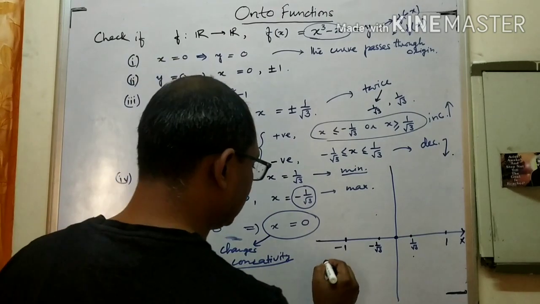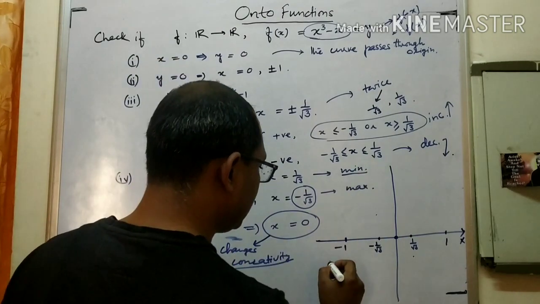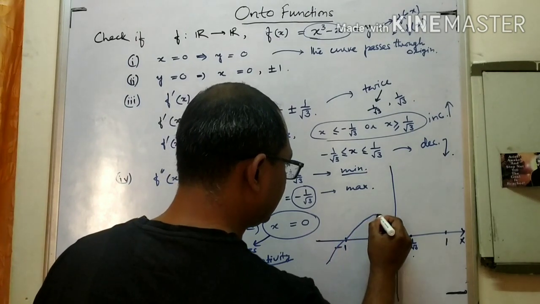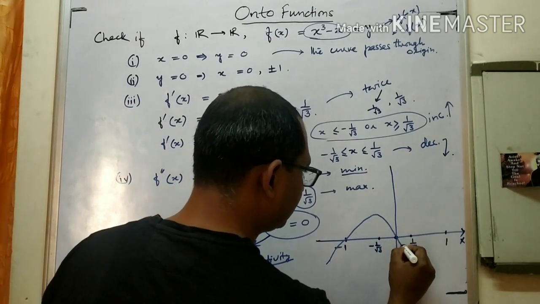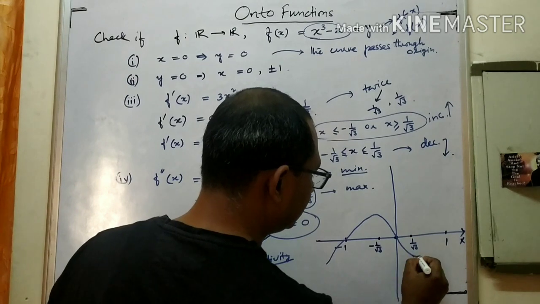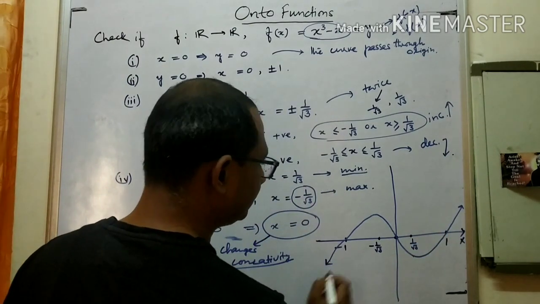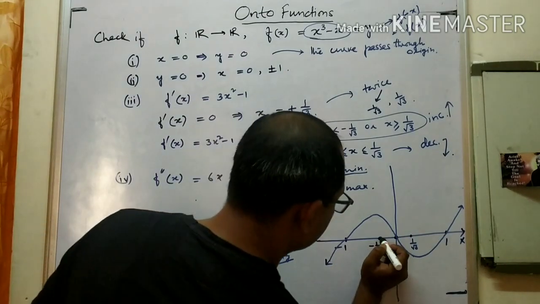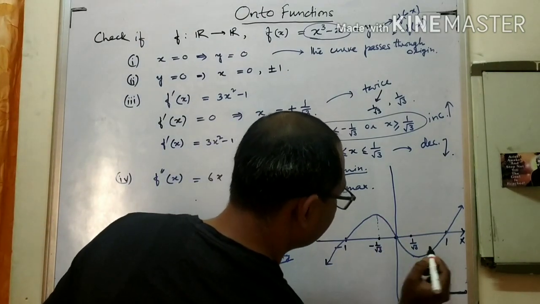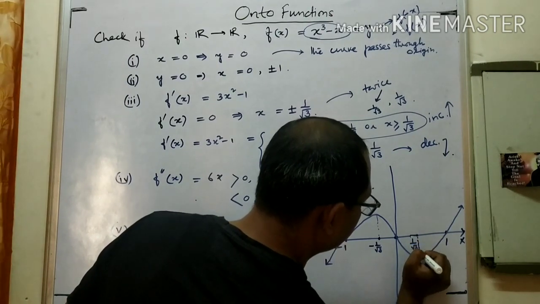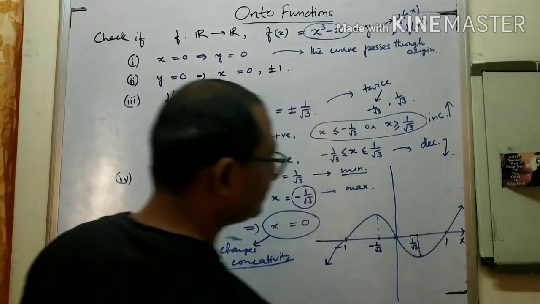So we'll combine all these facts to get the graph, like this. At minus 1 by root 3 it has a local maxima, and at 1 by root 3 it will have a local minima.